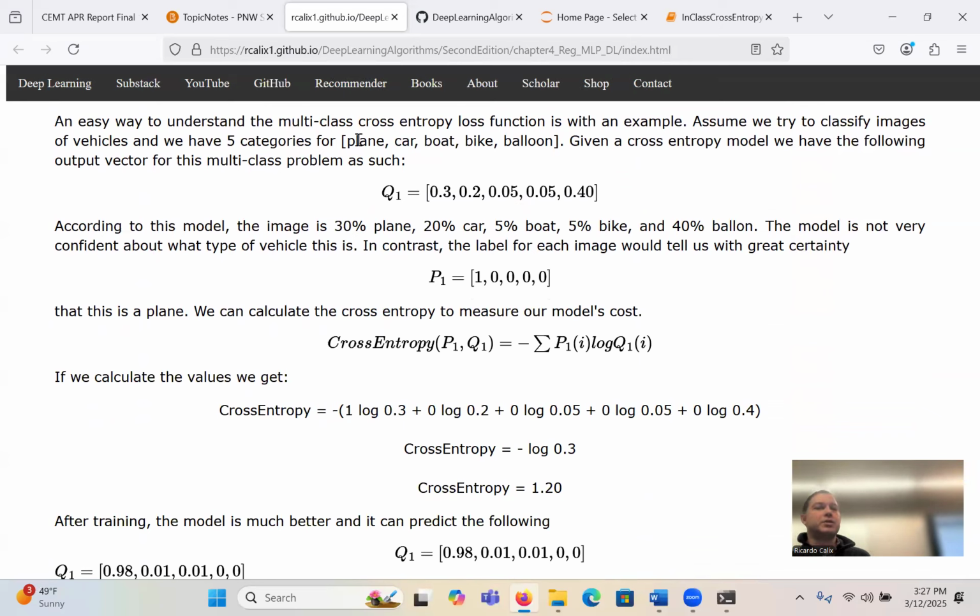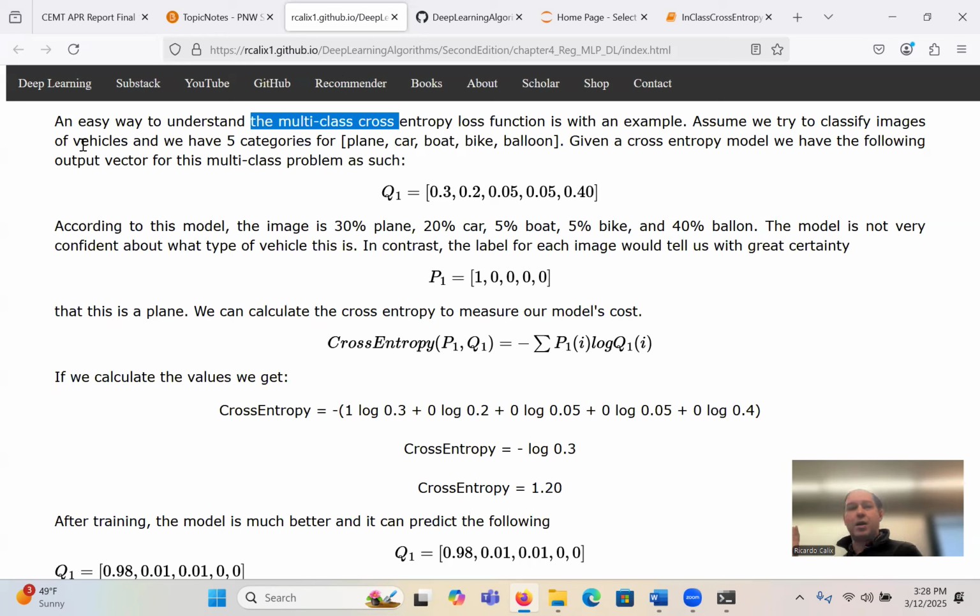An easy way to understand the multi-class cross entropy loss function is with an example. We're going to assume that we're training a neural network to predict one of 5 classes. So assume we try to classify images of vehicles, right?